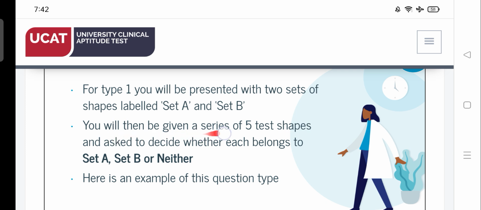You will then be given a series of 5 test shapes and asked to decide whether each belongs to set A, set B, or neither.